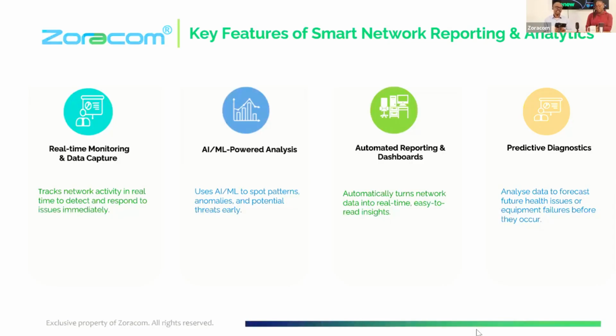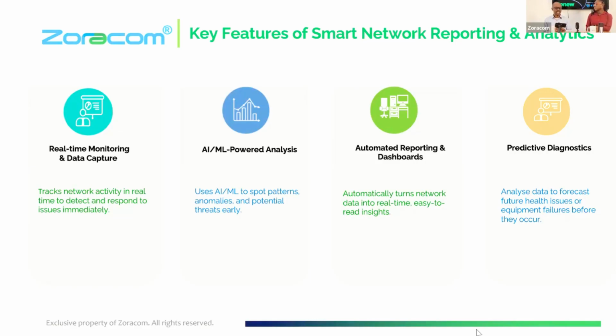For the real-time monitoring and data capture, this involves continuous tracking of network activities, device connections, and performance metrics. This is key so that you can monitor, observe, and analyze all activities within the network.